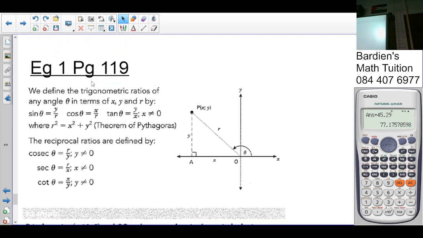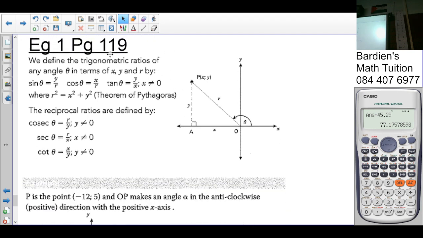Now in example 1 on page 119, we define a trigonometric ratio of any angle theta in terms of x, y and r. Now if this is your theta angle here, this is your reference angle. Can you see that?